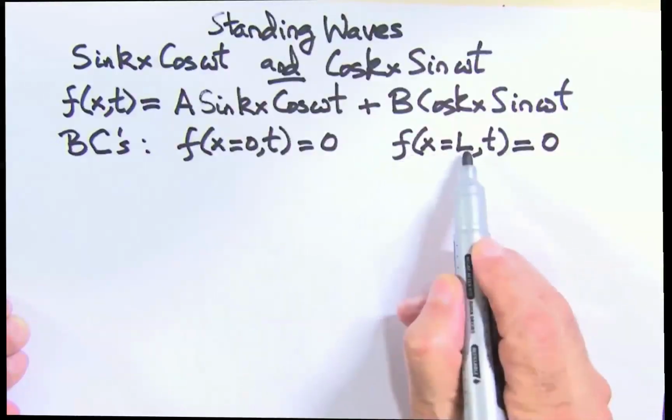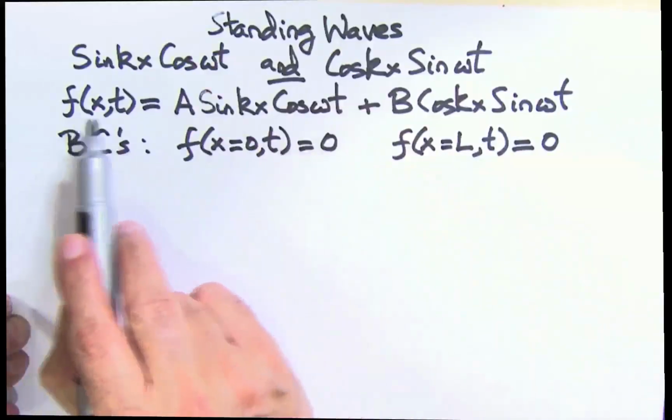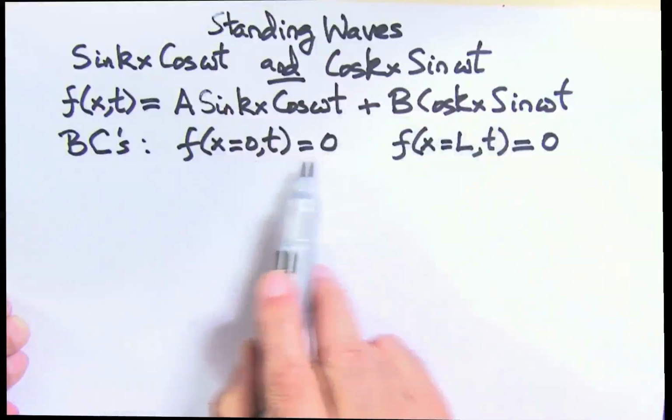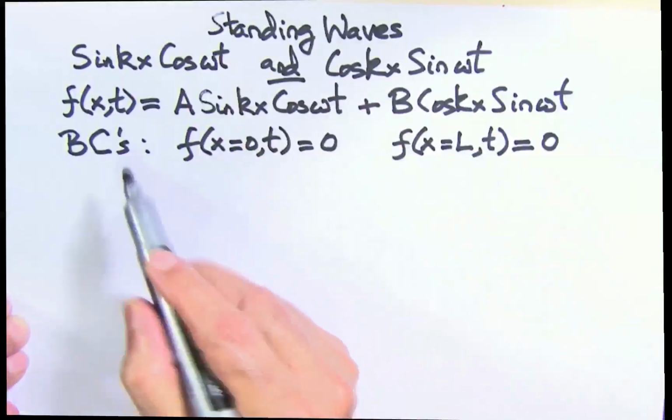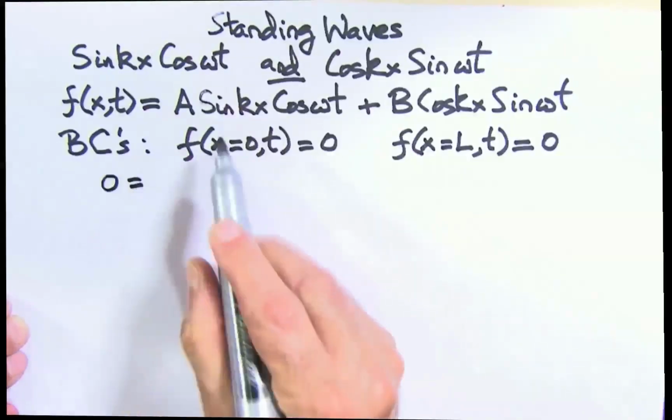So the right hand is fixed and the left hand is fixed, which means that this now has to obey these two conditions. So let's take the first condition. f has to be 0.